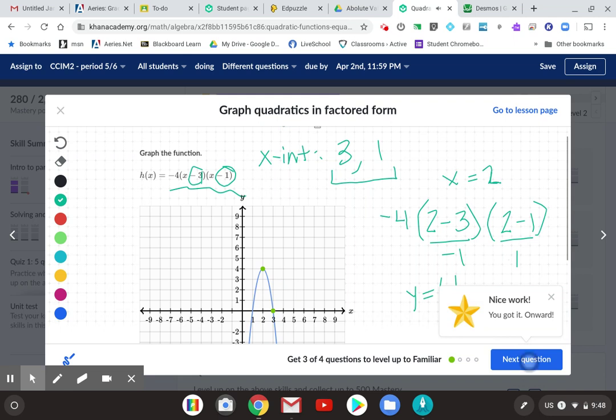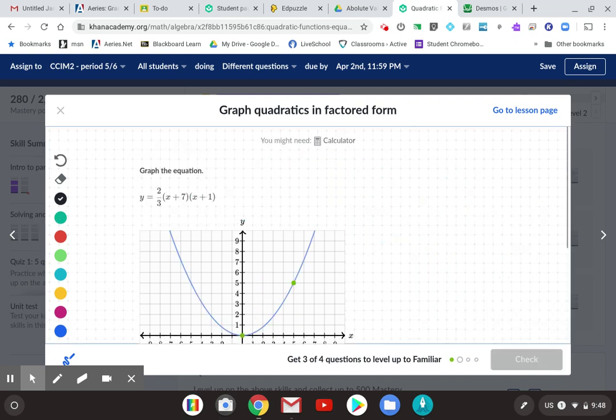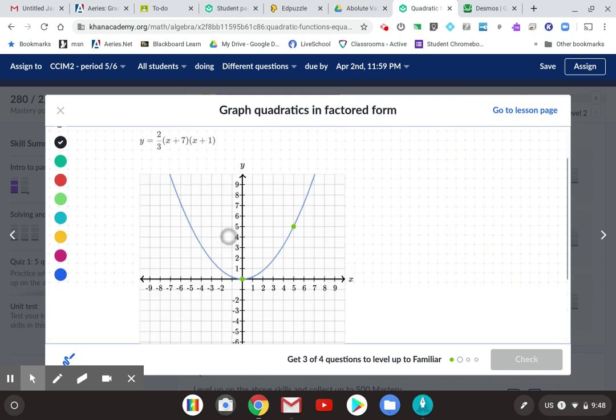Okay, next one. So here again, my x-intercepts or roots are going to be -7 and -1. So I'm going to move one. I'll move this one to -7.